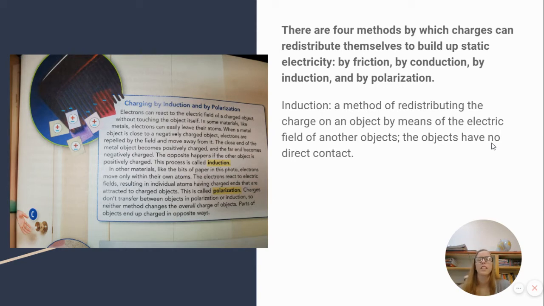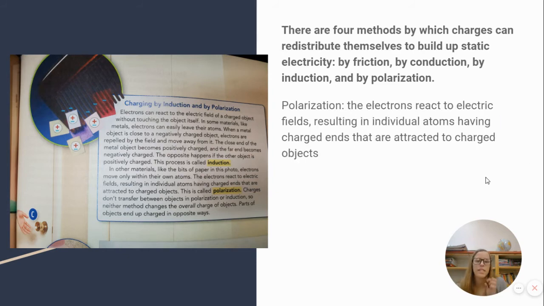When a metal object is close to a negatively charged object, electrons are repelled by the field and move away from it. The close end of the metal object becomes positively charged, and the far end becomes negatively charged. The opposite happens if the other object is positively charged. This process is called induction.